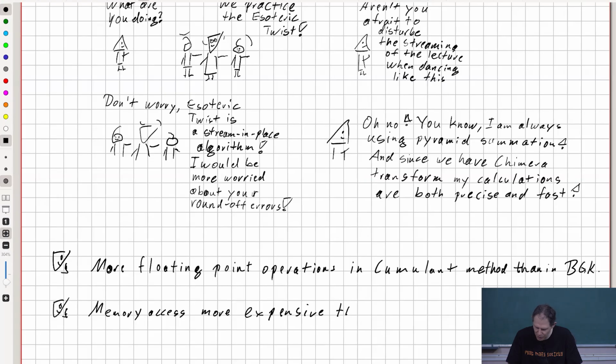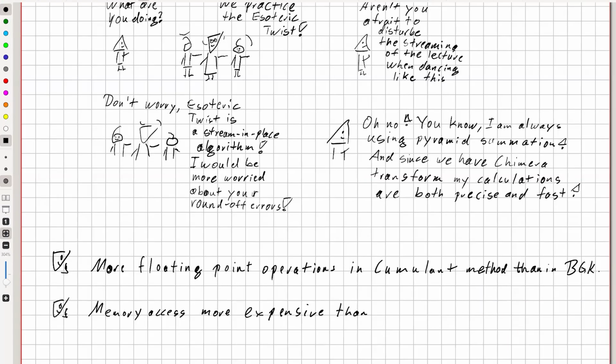In terms of memory access, we are on par with the BGK method because we only have to read our populations, and then they are usually in the processor and in the registers while we are doing computations on them. And so these operations are not necessarily expensive.